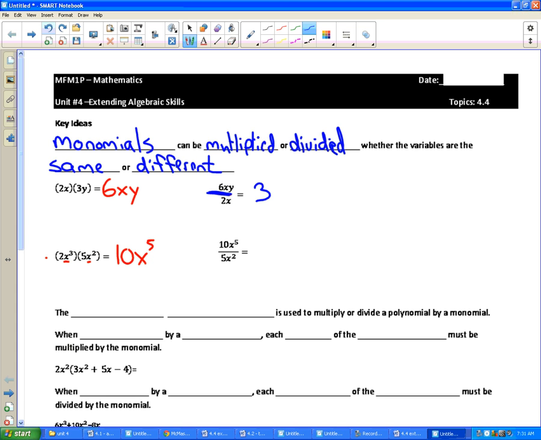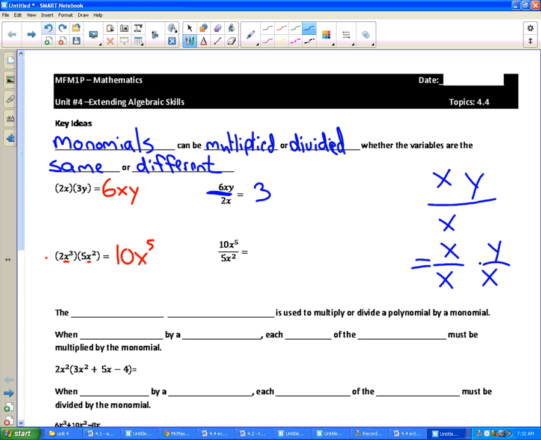Well, I'm going to go off to the side here. If we had xy over x, really what I'm saying is this. x divided by x, I want to take that x and divide it into both, and I want to do this. Okay, so it looks a bit weird, but that's really what I'm doing.